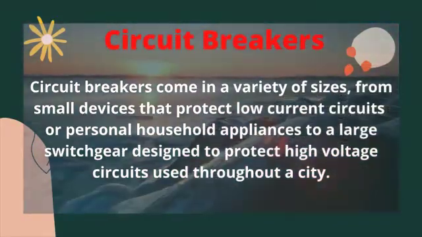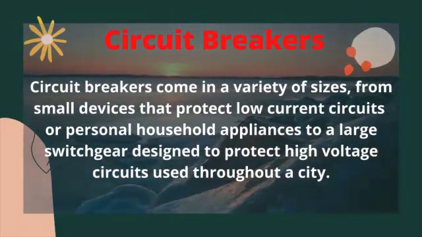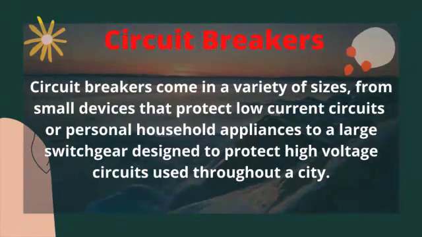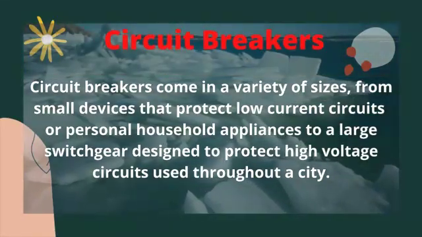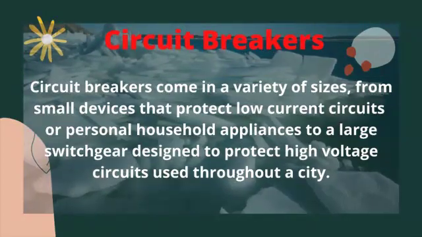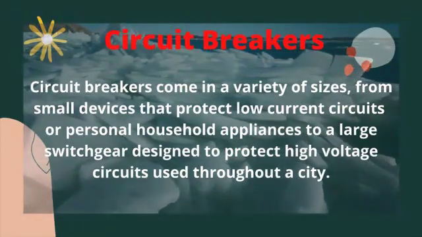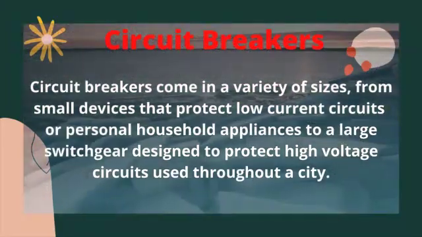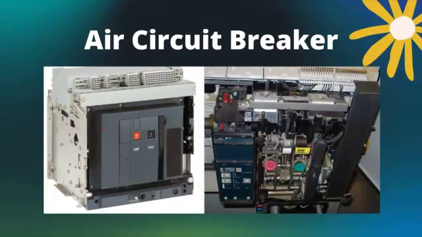Circuit breakers come in a variety of sizes, from small devices that protect low-current circuits or personal household appliances to large switchgear designed to protect high-voltage circuits used throughout a city. Start the tutorial from air circuit breakers.